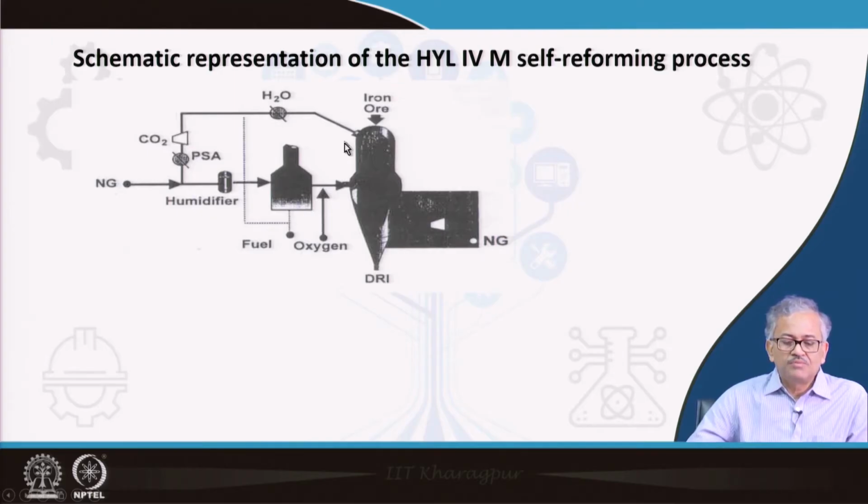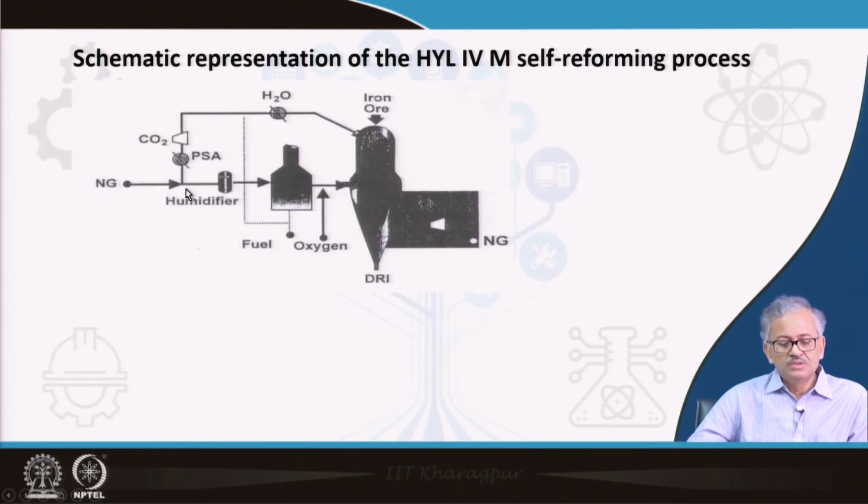The off gas will then contain mostly CO, and that will join the natural gas and enter into the humidifier. You mix some amount of steam into it because it requires some oxidizing agent to oxidize the natural gas to CO and reform the natural gas. So some humidification is required, and that's why there is a humidifier.